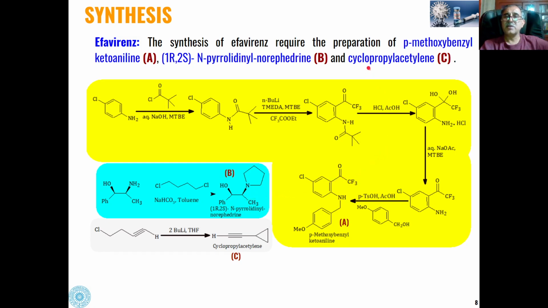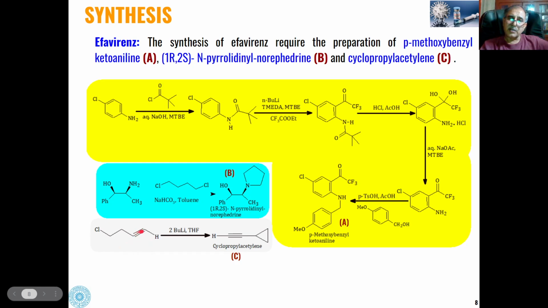Then the third starting material required for the synthesis of this antiviral drug is cyclopropyl acetylene. When this acetylene derivative, 5-chloro-1-pentyne, is reacted with butyl lithium in THF, this proton is an acidic proton.